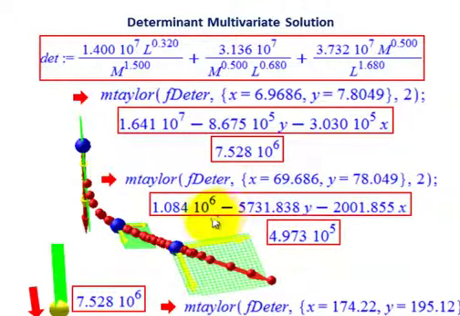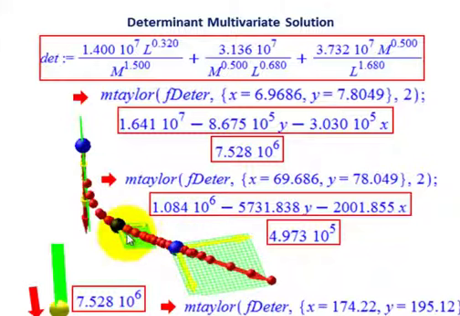So plug those x and y values into this Taylor series, and you're going to come up with 497,300. That really represents the volume of this second plane that we're looking at.